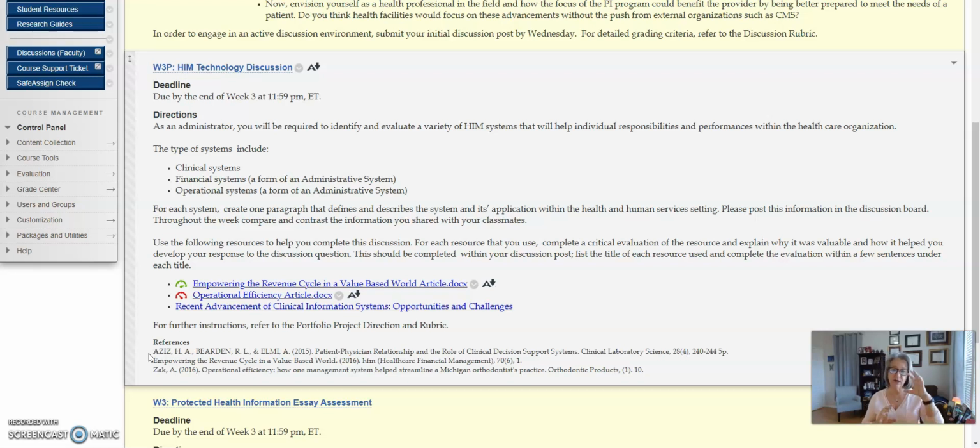Okay. So there really are kind of 2 steps to this: talking about and defining and describing the systems and its application, and then also evaluating the resource that we have provided for you. You need to do both in order to have an opportunity to receive full credit.